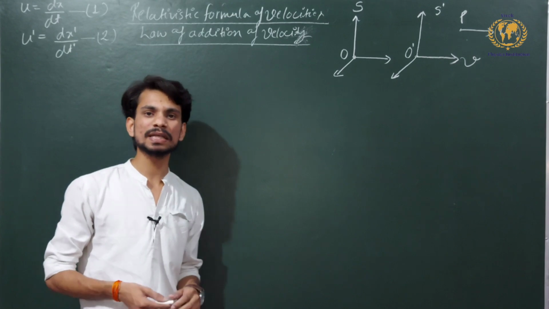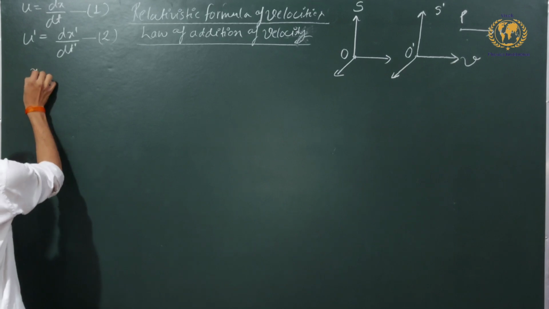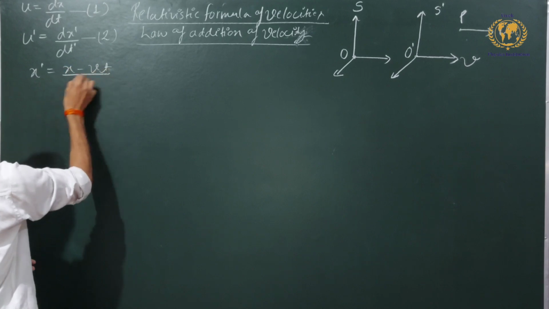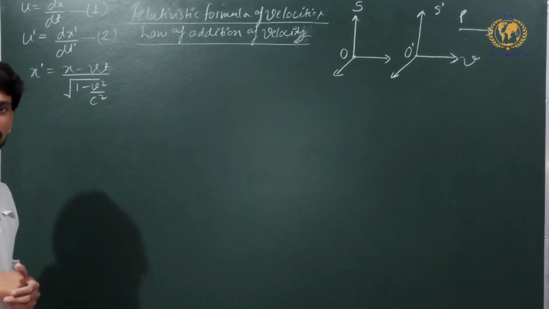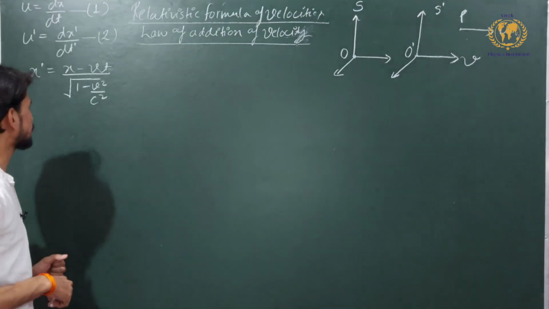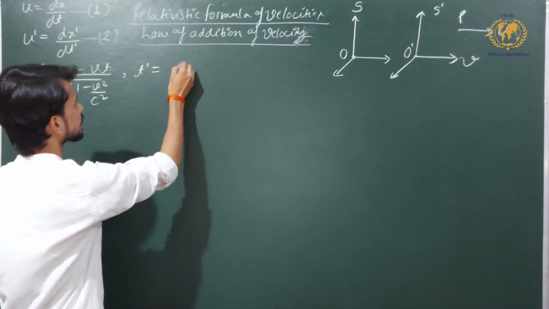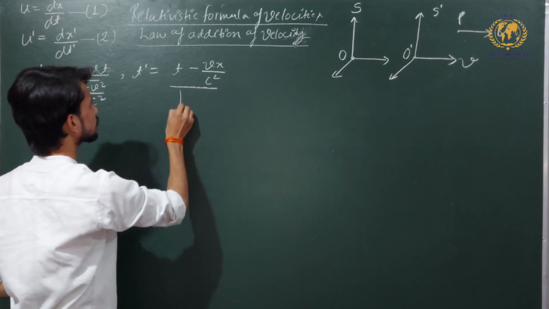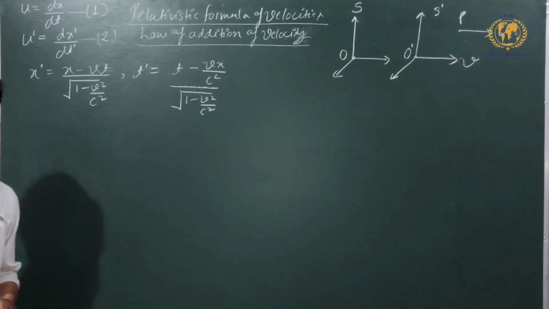The formula for distance under the Lorentz transformation is given by x dash equals x minus vt divided by under root 1 minus v square upon c square. This is the distance variance. Also, the time under the Lorentz transformation can be written as t dash equals t minus vx divided by c square, whole divided by under root 1 minus v square upon c square.